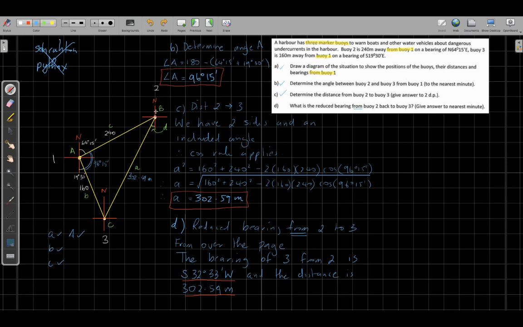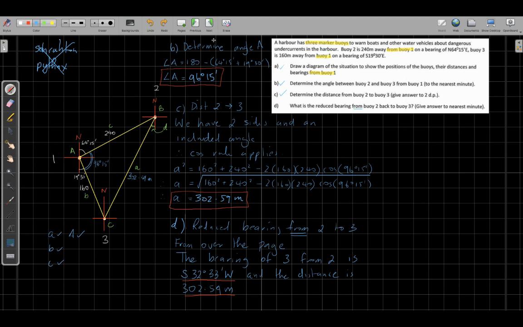So it's either measured from north or from south, and here's the sight line back to 3, from B to C, or from 2 to 3. So the reduced bearing is going to be measured from the south compass arm back to that sight line. So I've just called it lowercase d, okay? So that little angle is the angle we're trying to calculate.